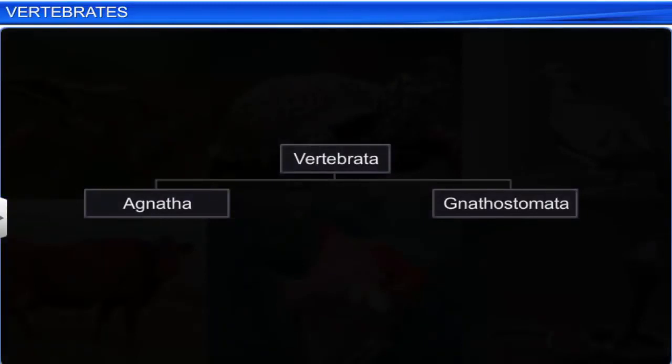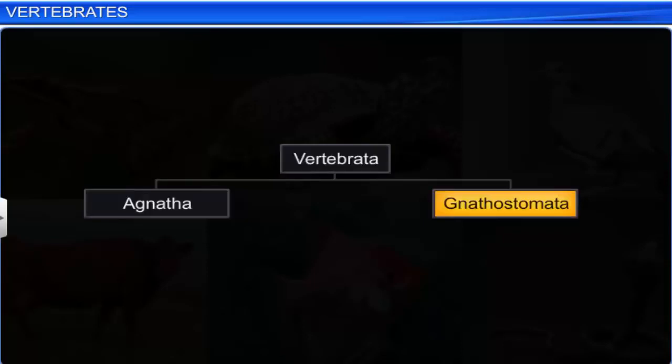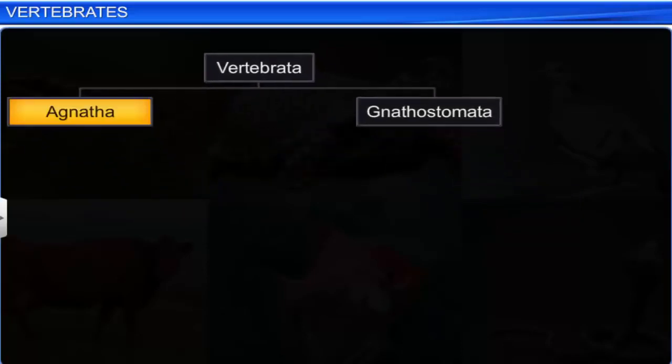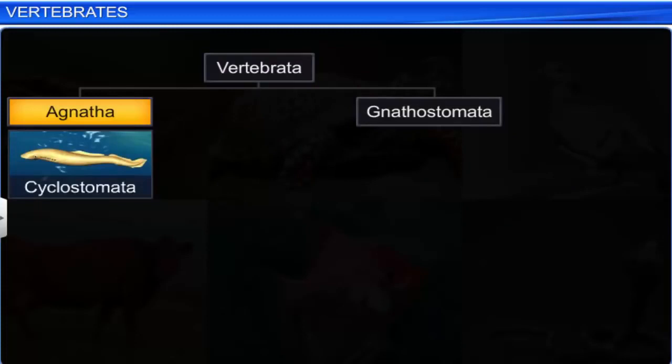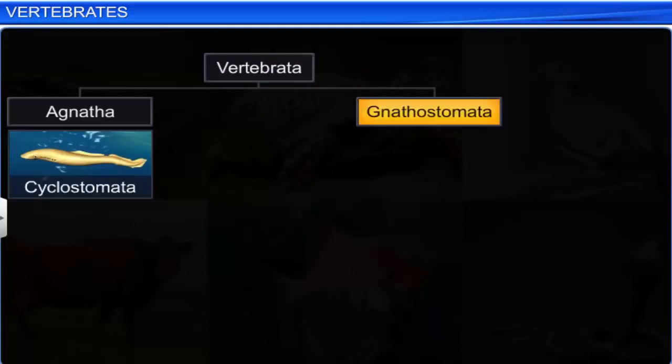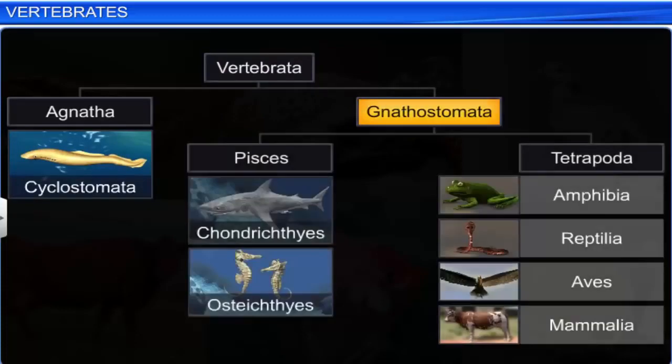Based on the presence or absence of jaws, vertebrates are classified into two divisions, Agnatha and Gnathostomata. Agnatha includes jawless vertebrates, while Gnathostomata includes jawed vertebrates.